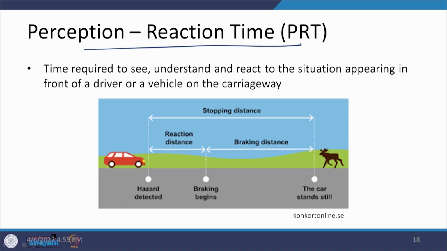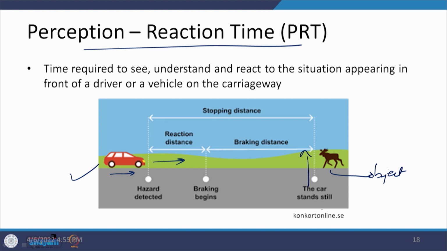Now, let us come to the first one, which is a perception reaction time. Now, what is this perception reaction time? Let us see this photograph or a diagram, whatever you consider here. The vehicle is moving here, going in this direction. There is an object which is being observed by the driver. Now, this object, say an animal, may be crossing the road.